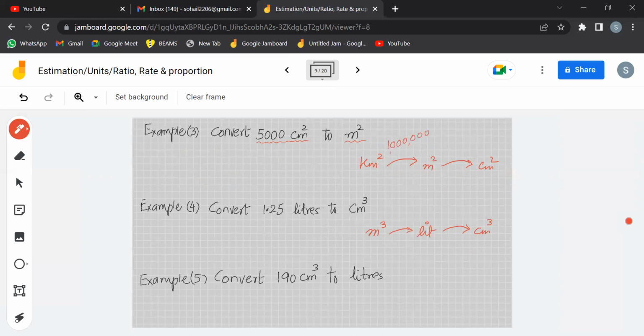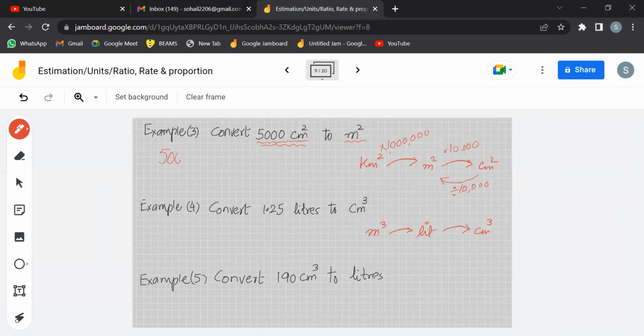From centimeter square to meter square, you divide by 10,000.